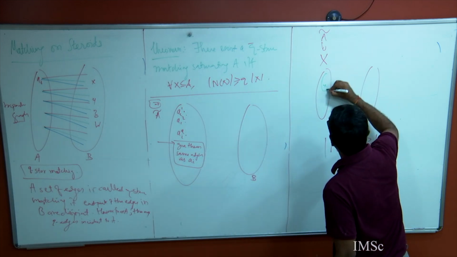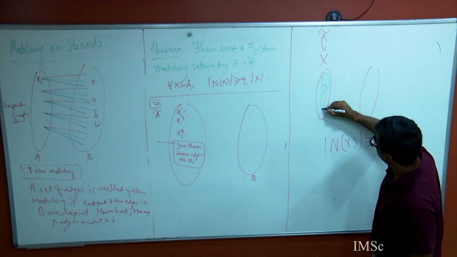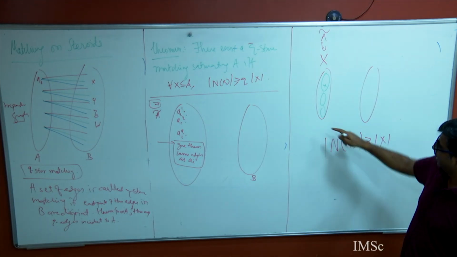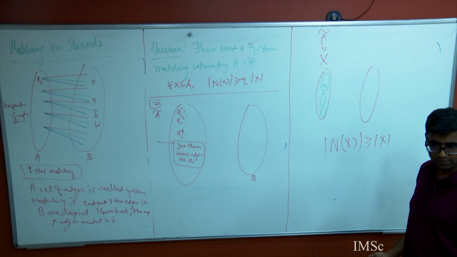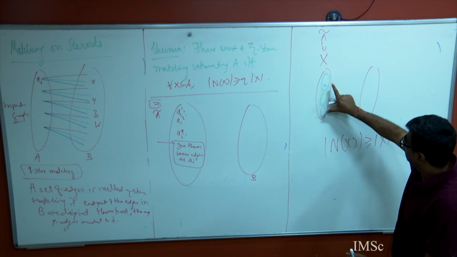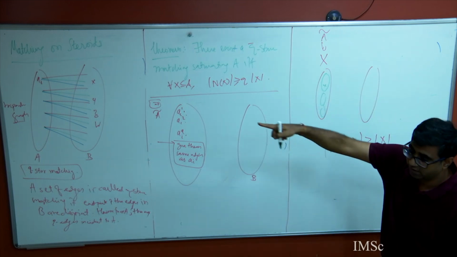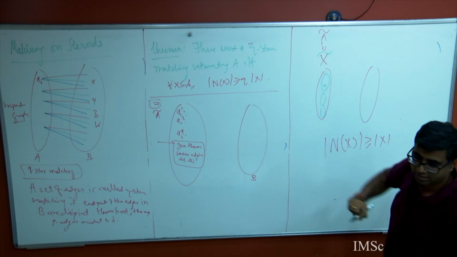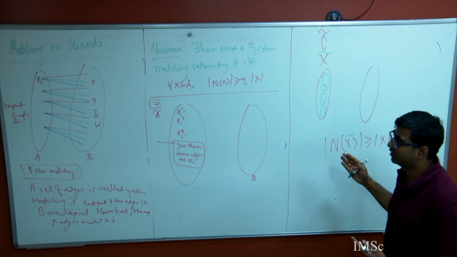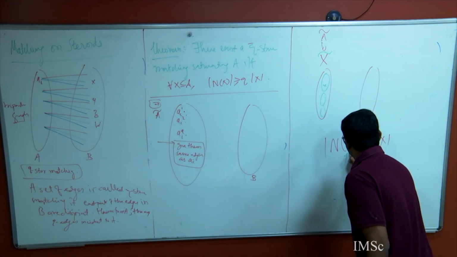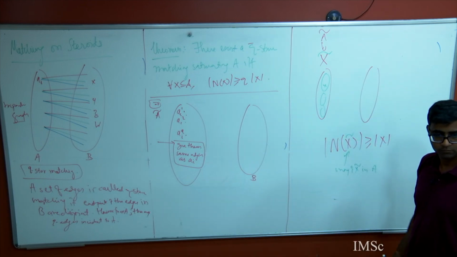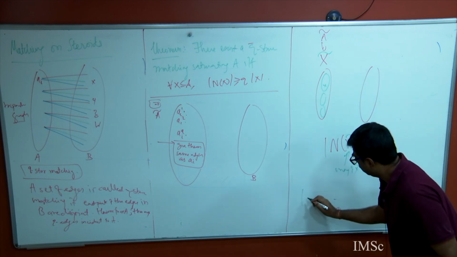Because their neighborhood is the same. But what is the property if I just take singletons here? Look at the corresponding guys here. What do you know about them? Let's call them X tilde because we were talking in X tilde. Look at the image of X tilde in A, and let's call it X. So what do you know?